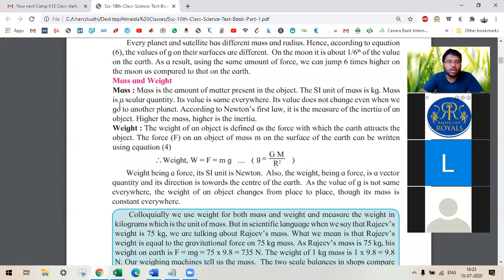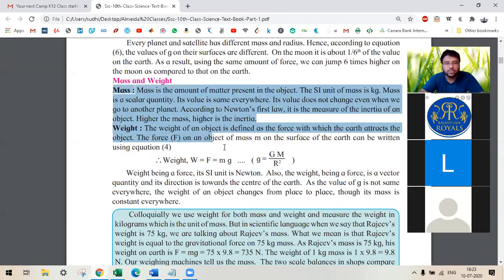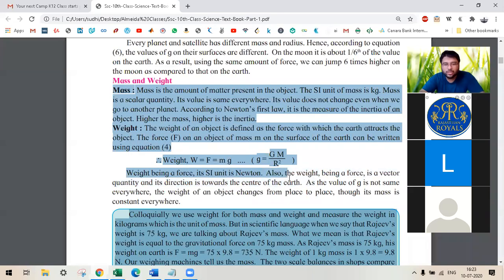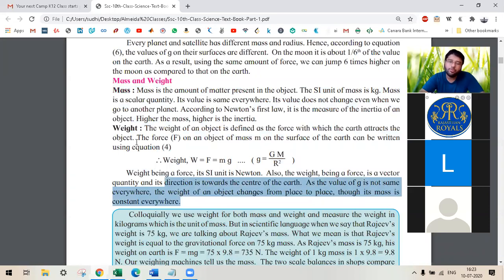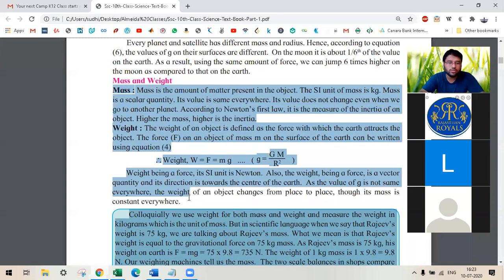So I think you have a pretty long thing to write: mass, weight, and directed toward the center of earth. And you can write this part too, because this will come. These are important questions. You should remember this. So I want you to write from here to here. This table, ignore it.